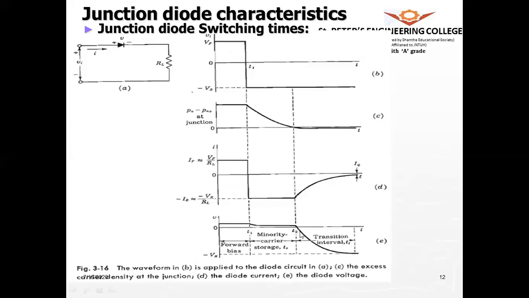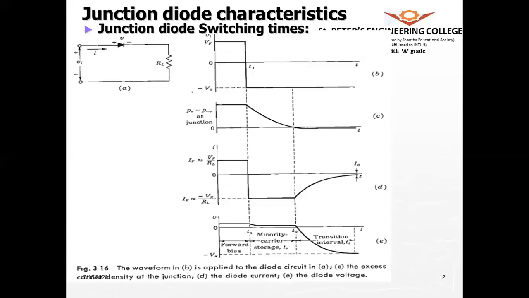The time taken for the voltage across the diode to reach the reverse bias voltage VR, we call the transition interval Tr.